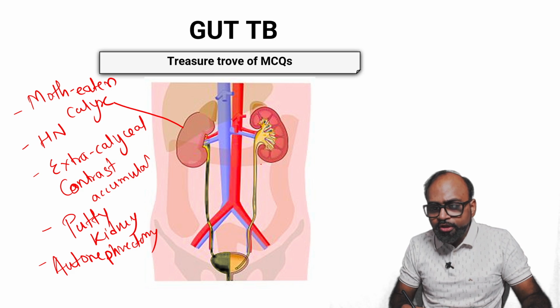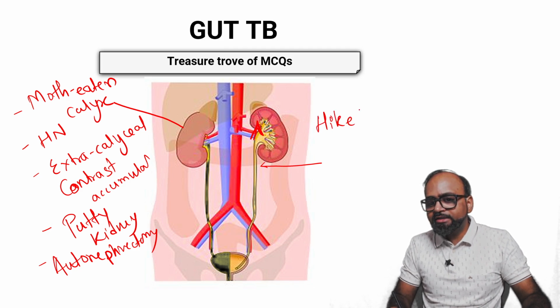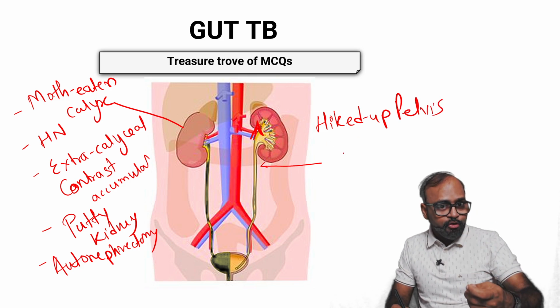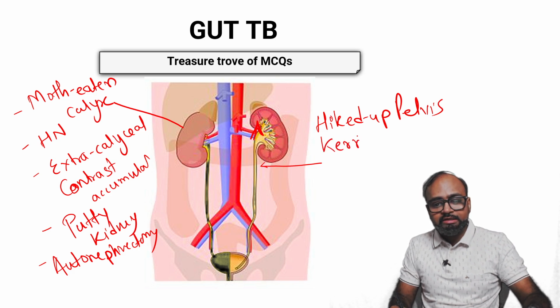Now if you go to the ureter, what happens basically is that because of the fibrosis, the pelvis is sort of pulled up. This is what is called the hiked up renal pelvis. There could be fibrosis along the wall of the ureter, so the ureter gets kinked. This is called Kerr's kink.